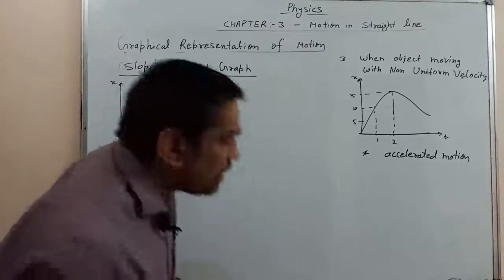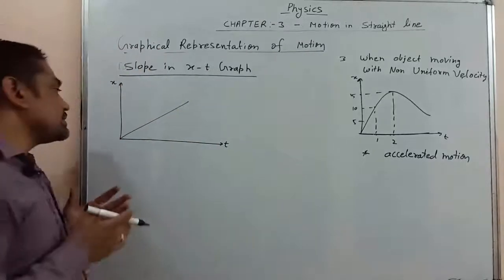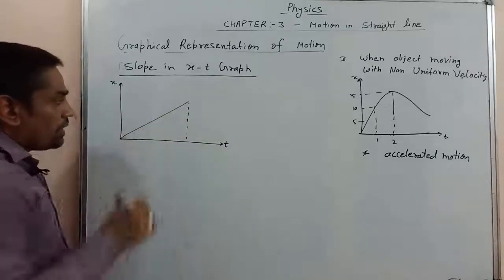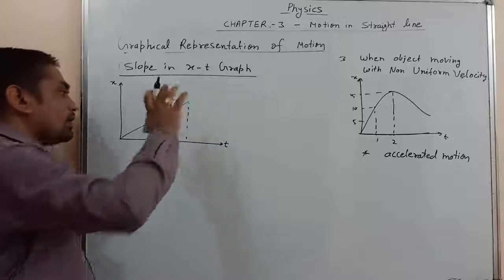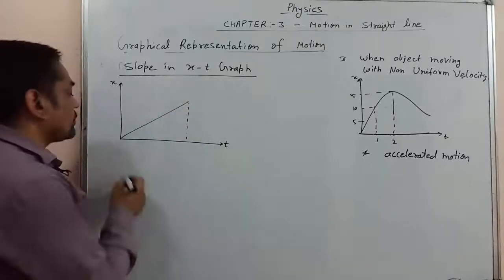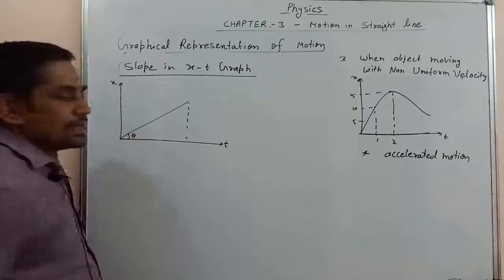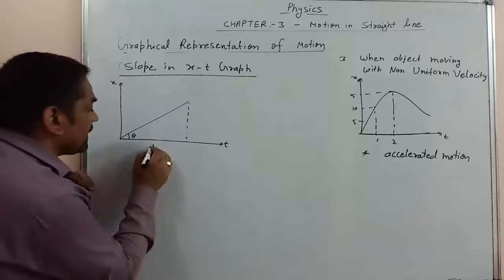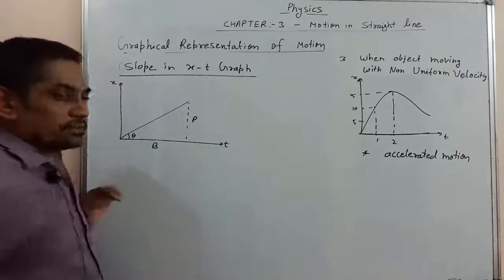So how can we decide which slope is larger? If we draw a perpendicular on the time axis, we can consider this angle theta with the time axis. So this is the base and this is the perpendicular.